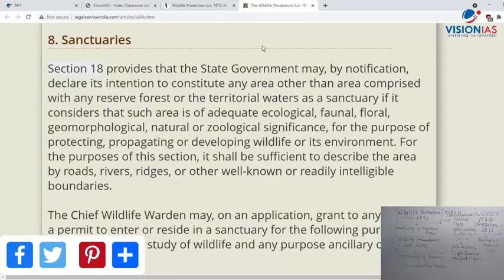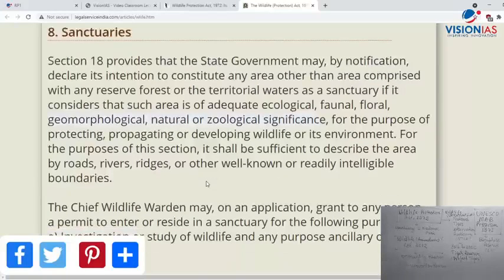Section 18 provides that the state government, by gazette notification, can declare any area which is a reserved forest or a territorial water as a sanctuary, if it has adequate ecological, faunal, floral, geomorphological, natural or geological significance to protect, propagate and develop wildlife and its environment. And it is sufficient to describe the area by roads, rivers, ridges, and other well known parts of it.